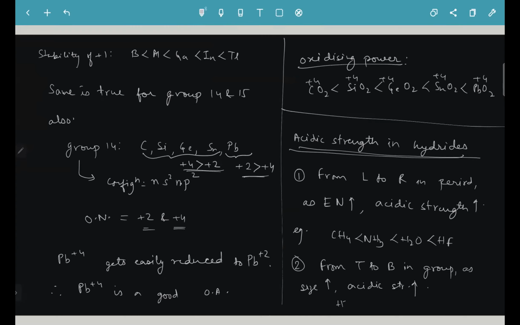The order is HI greater than HBr greater than HCl greater than HF. The reverse order will be for basic strength of hydrides. Did you understand options B and C of the 13th?